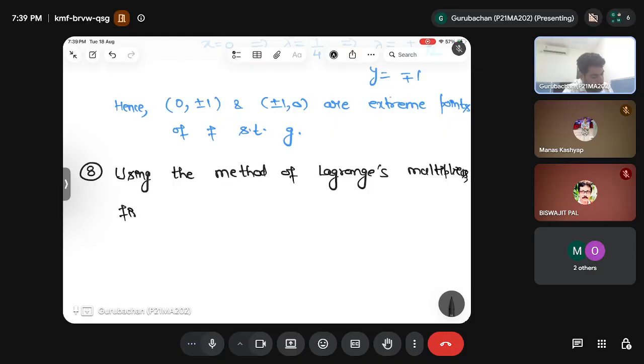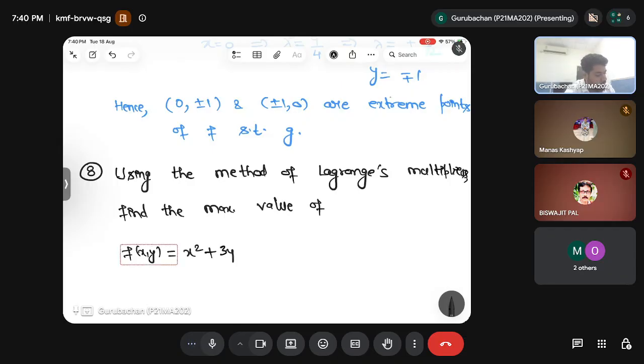Find the maximum value of f(x,y) equal to x square plus 3y square minus y subject to constraint x square plus 2y square is equal to 1.